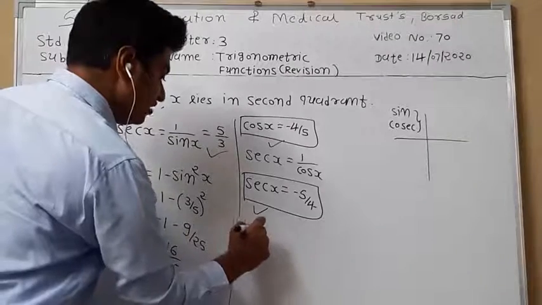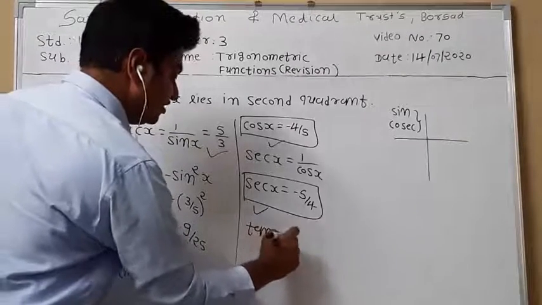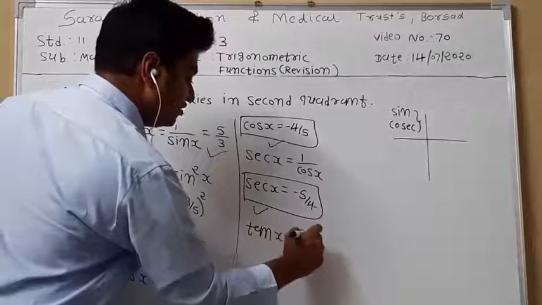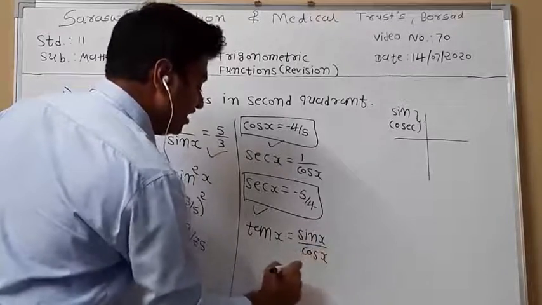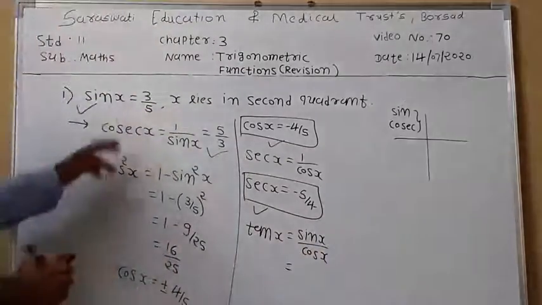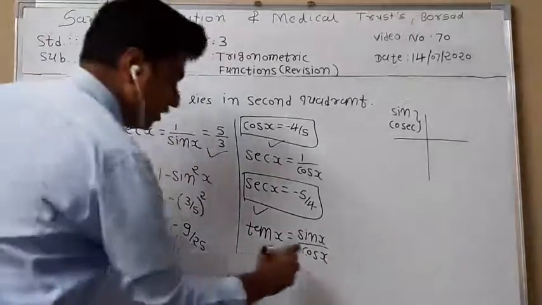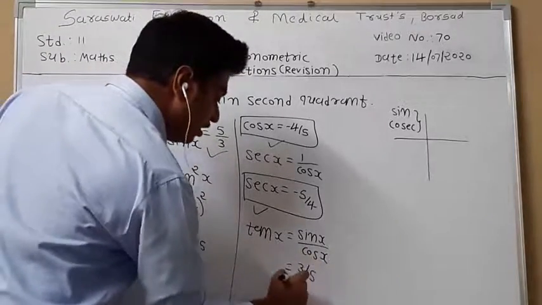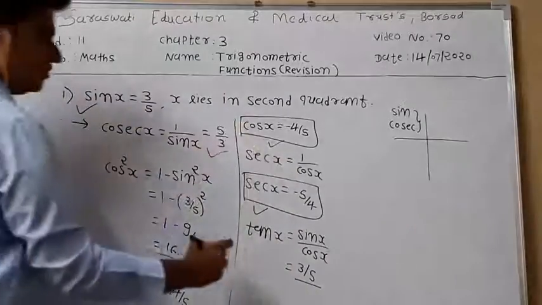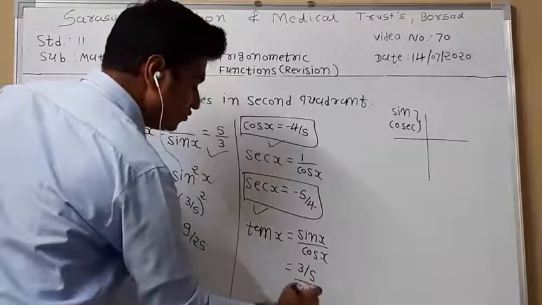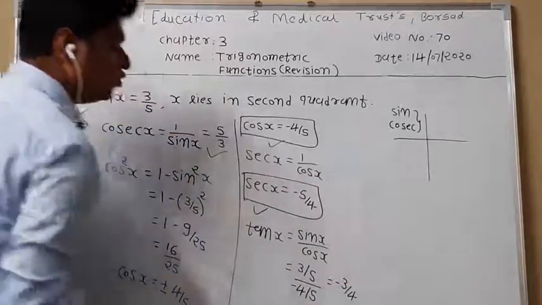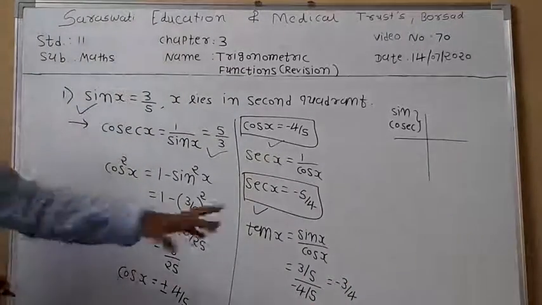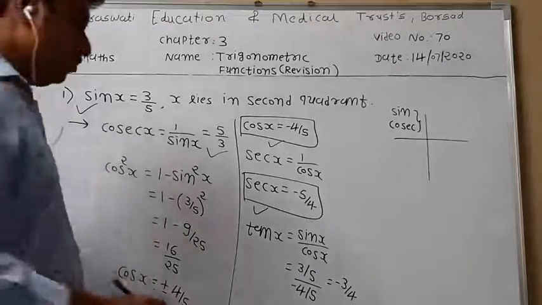Using this result, tan x is equal to sin x, which is 3 upon 5, upon cos x, which is minus 4 upon 5. So we get the value of tan x is equal to minus 3 upon 4.